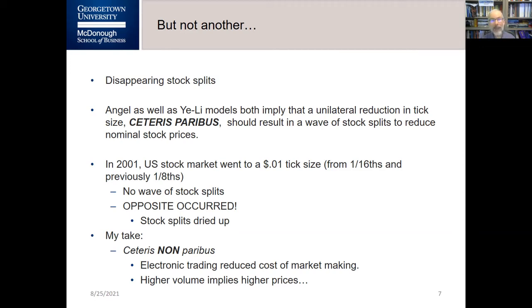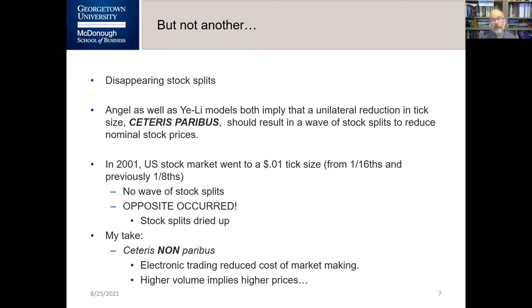Well, we had that in 2001. We had a really big tick size reduction. Back in the 20th century in the US, our minimum tick size was $0.125, 12.5 cents. Late 90s, it dropped to 6.25, and then in 2001, down to a penny.